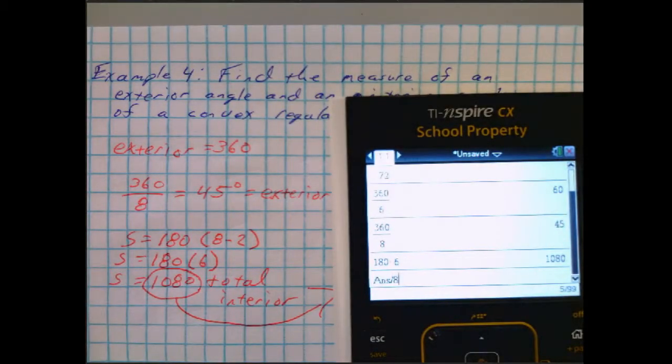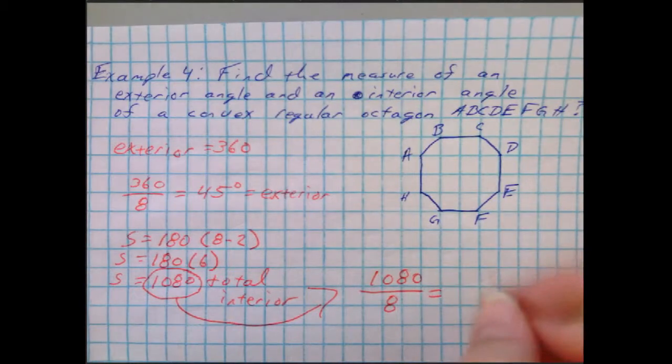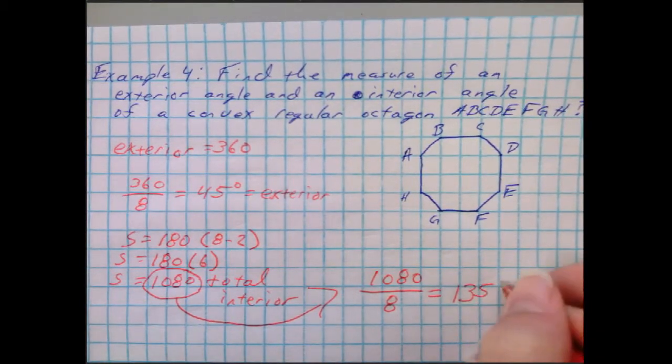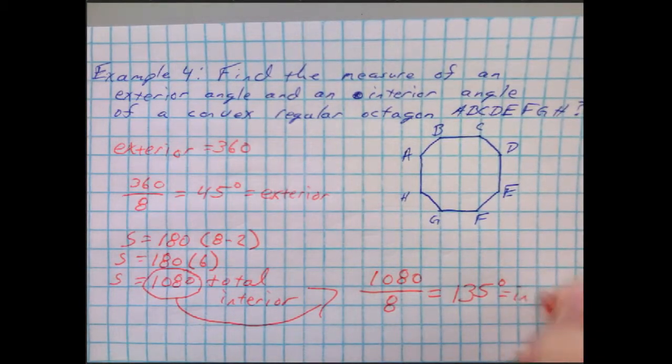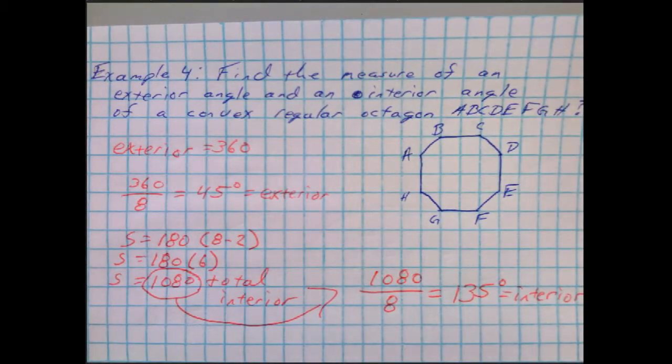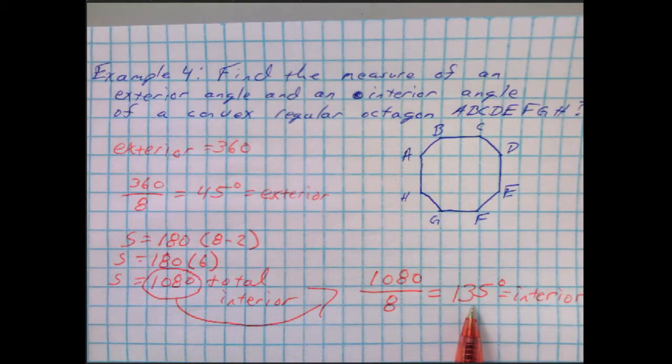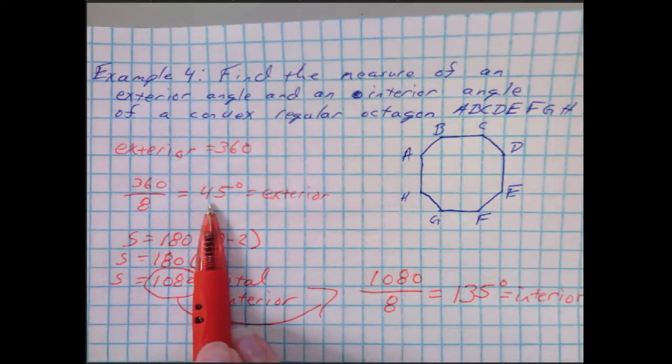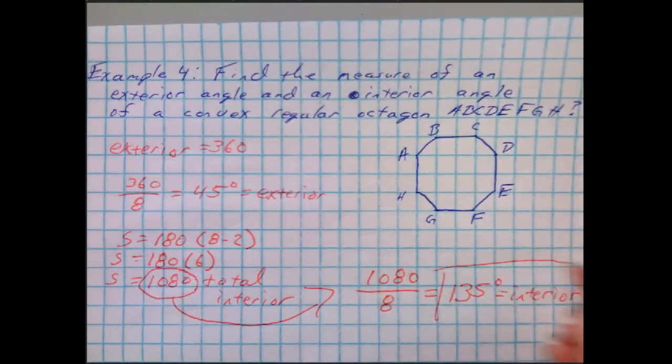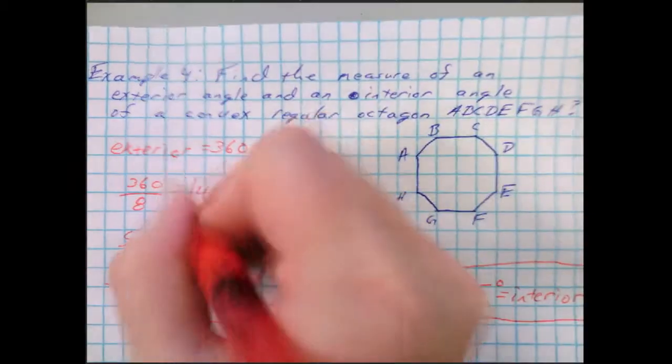So I'm just going to divide by 8, and I get 135 degrees equals the interior. Okay, so each one of those interior angles is 135 degrees. Each one of the exterior angles is 45 degrees. Okay, so that's finding both interior and exterior.